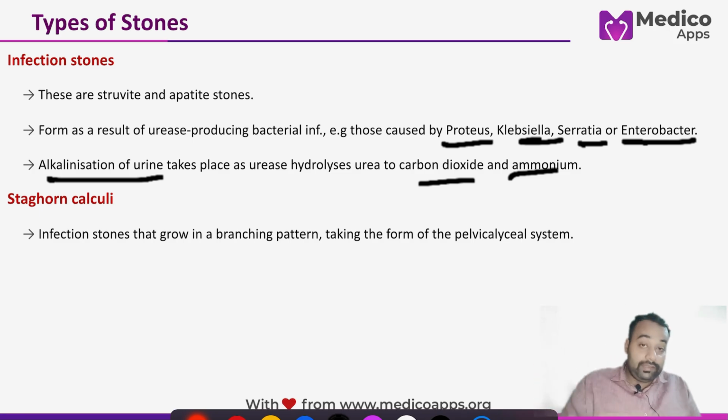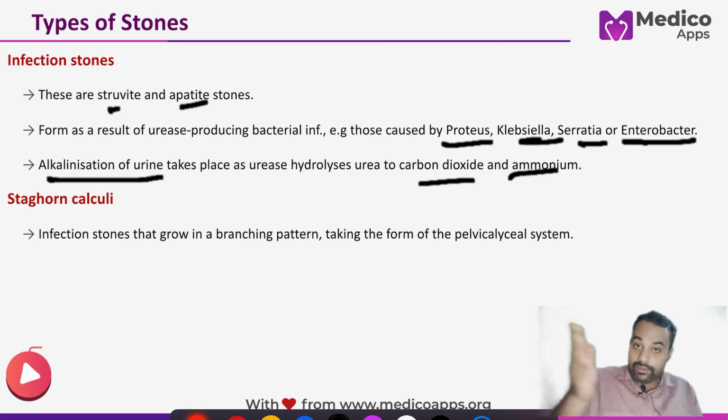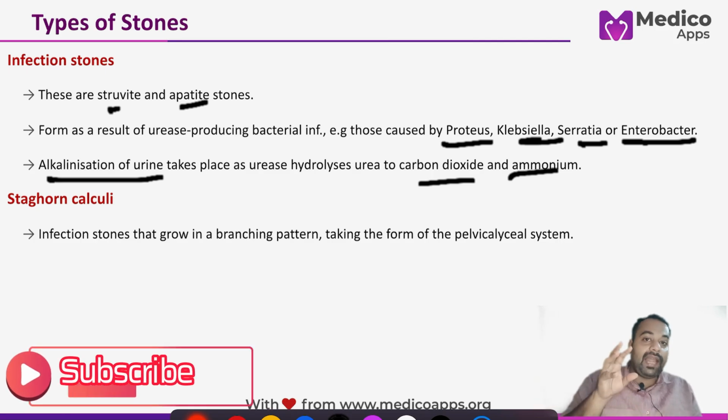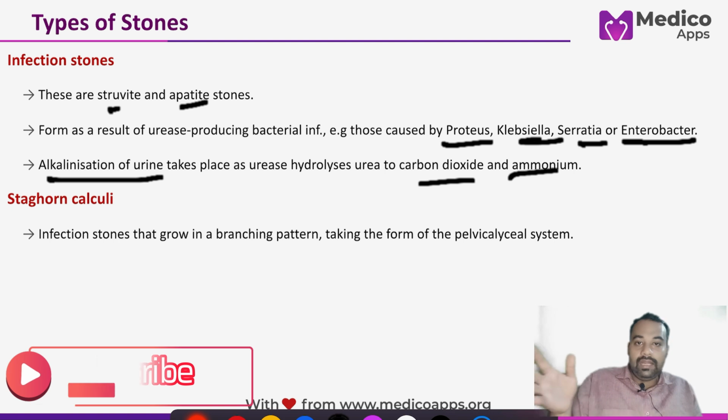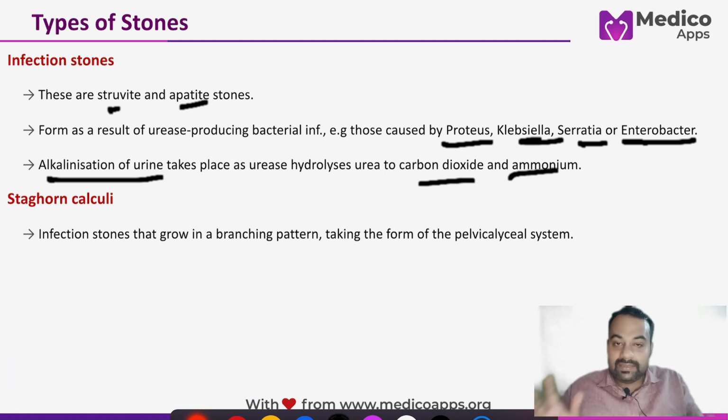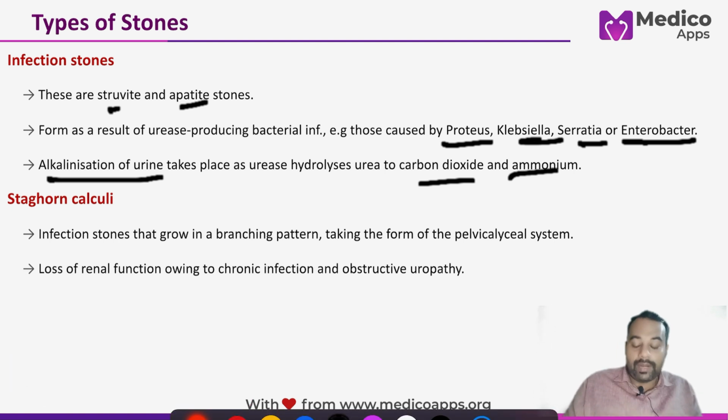So apart from the apatite stone, we have the struvite stone. Let's try to understand a few things regarding it. Struvite stones grow through the pelvicalyceal system, and as a result they take a typical branching shape. This is the basic peculiarity of the struvite stone.